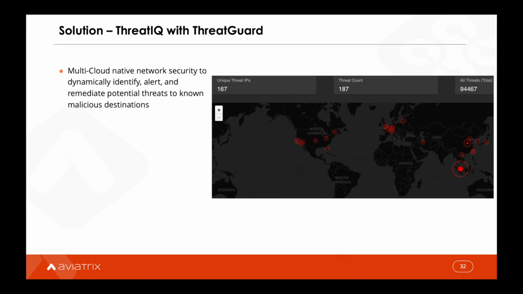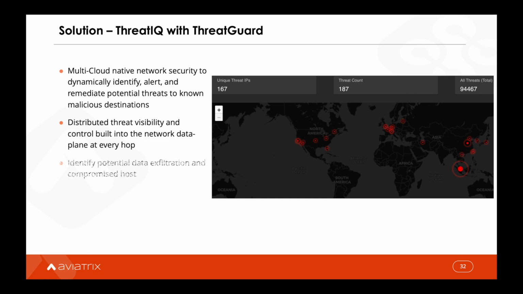Aviatrix gives control back to enterprises with a solution called Threat IQ. This feature allows you to identify, alert, and remediate potential threats to known malicious destinations. Threat IQ takes advantage of the distributed data plane that you as a customer own when you use Aviatrix. The distributed data plane refers to the Aviatrix gateways at every hop in your multi-cloud network.